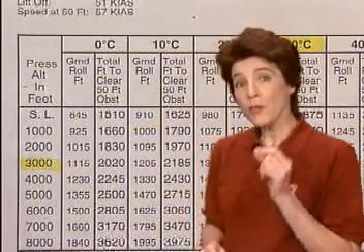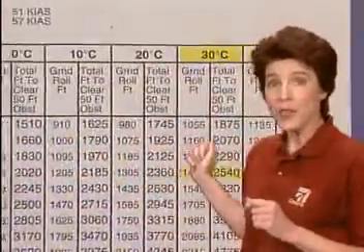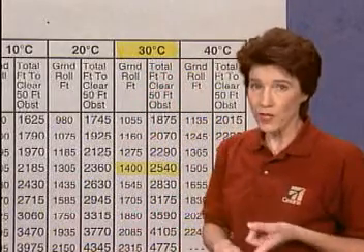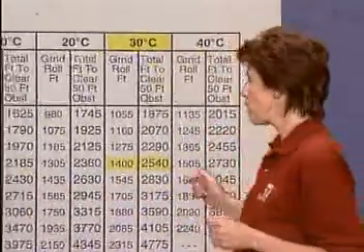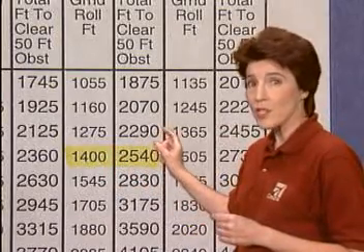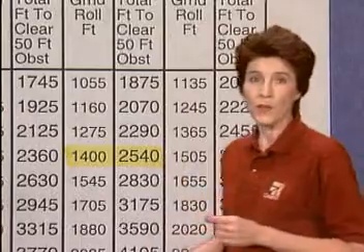So, at 3,000 feet pressure altitude and at 30 degrees Celsius, the next higher values above our examples of 25 degrees Celsius and 2,500 feet, you read a ground roll of 1,400 feet and a distance to clear a 50-foot obstacle of 2,540 feet.